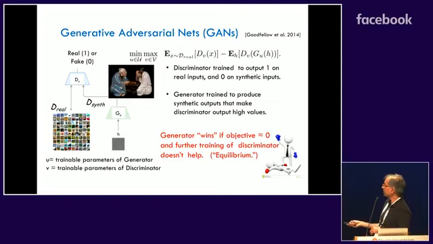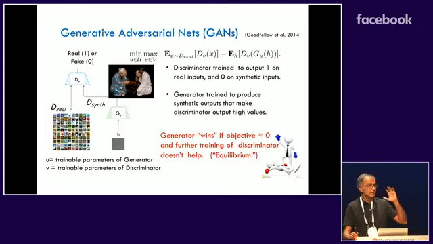And further training of the discriminator doesn't help. So that's an equilibrium, or an almost equilibrium, because it's only approximately equal to 0. That's what we hope for. Now, of course, in GAN training, this is actually very hard to achieve, to get training error close to 0. But let's say that's the goal.